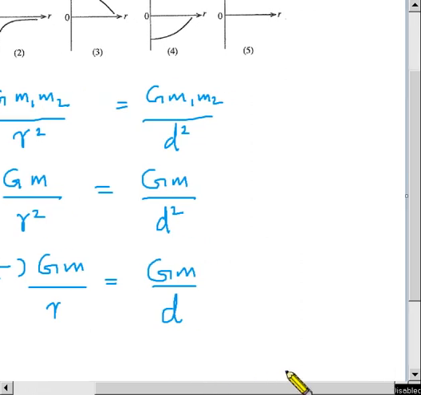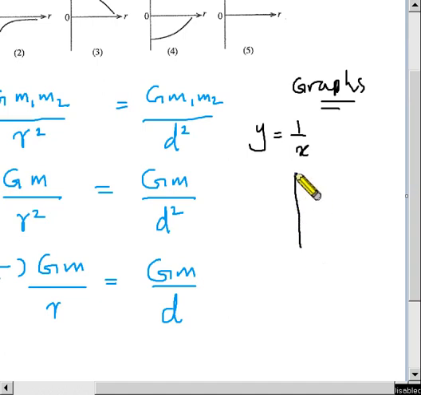In mathematics we learn about graphs. When we learn about graphs, y equals 1 over x, we learn that graph. How? The y equals 1 over x graph is like this. 1 over x does not have a steep decrease like this, it goes like this.